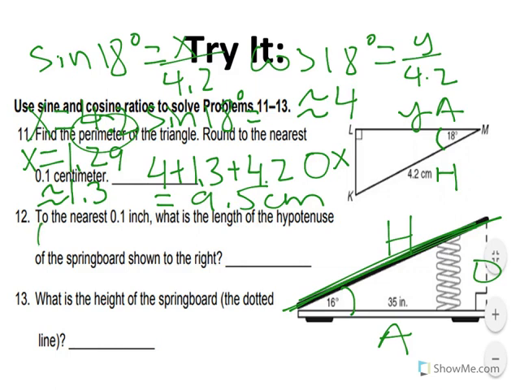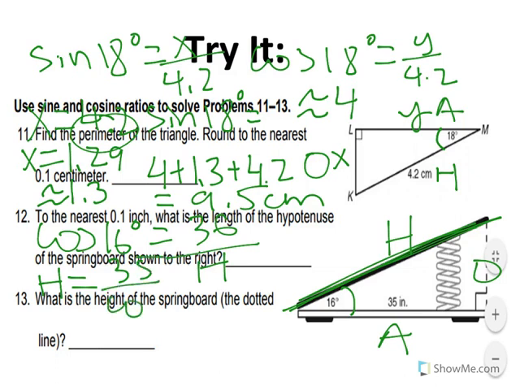We do cosine of 16 degrees equal to 35 over the hypotenuse. So that means that the hypotenuse is equal to 35 over cosine of 16 degrees. So this gives us 36.41.